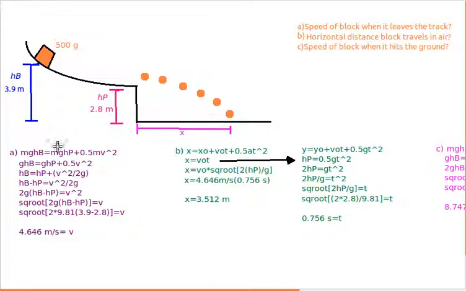So here we can cancel out all the masses, leaving us with gravity times HB equaling gravity times HP plus half v squared.